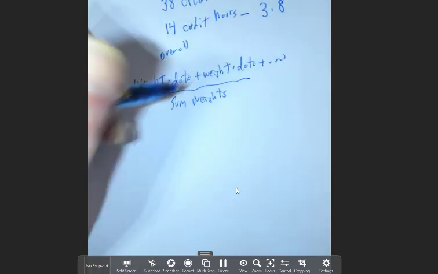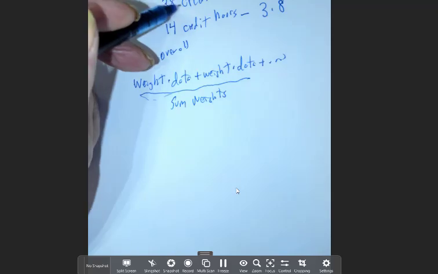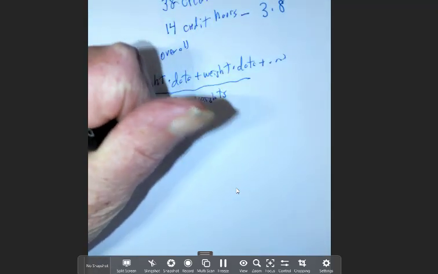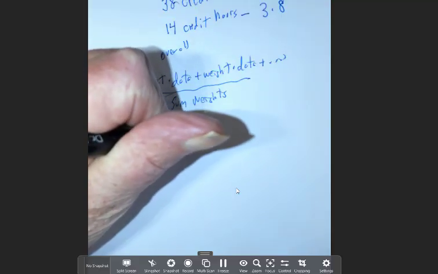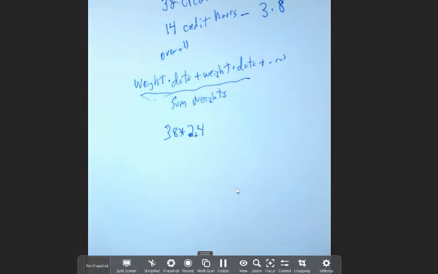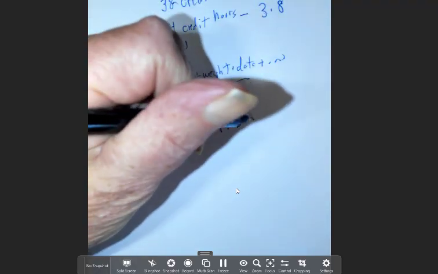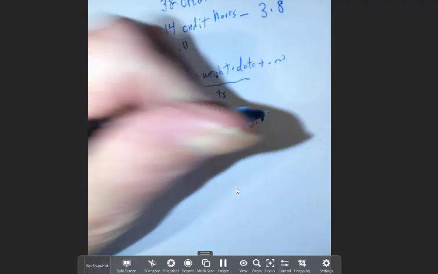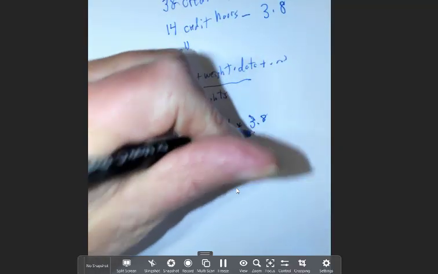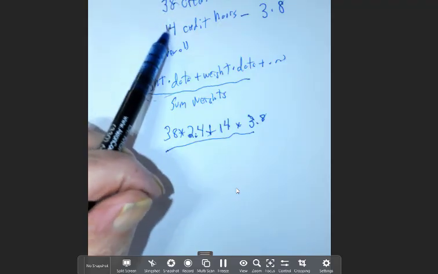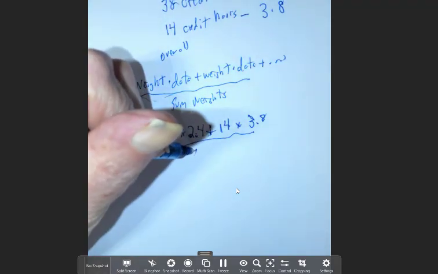So this one's going to be 38 times 2.4 plus the weight, which is 14, times 3.8, over the sum of the weights. And the sum of the weights are here, which is 52.